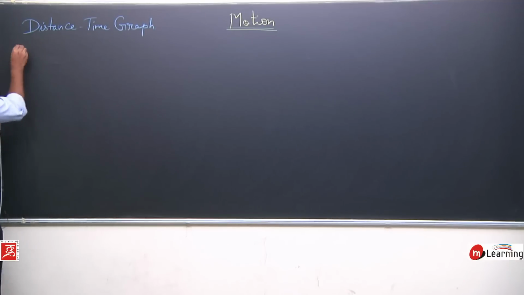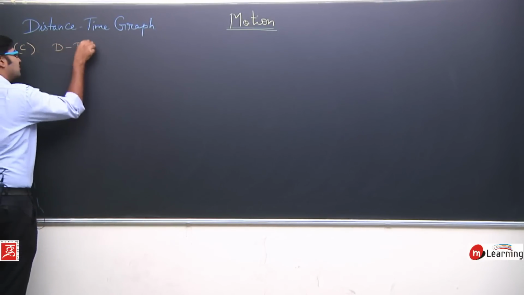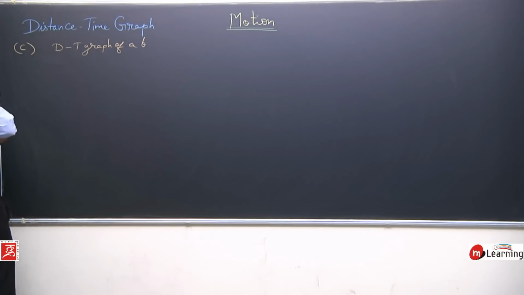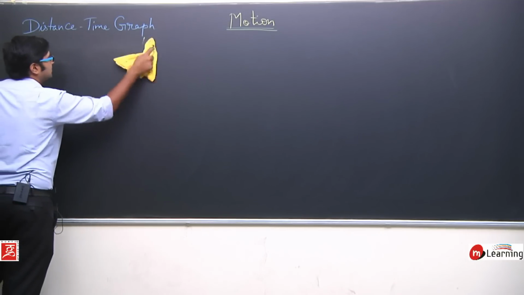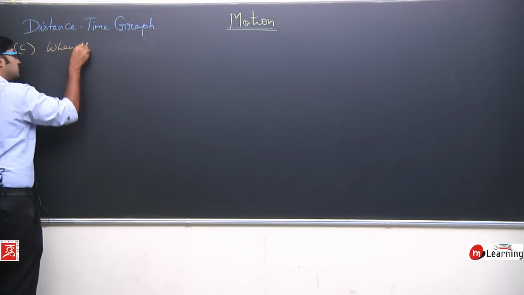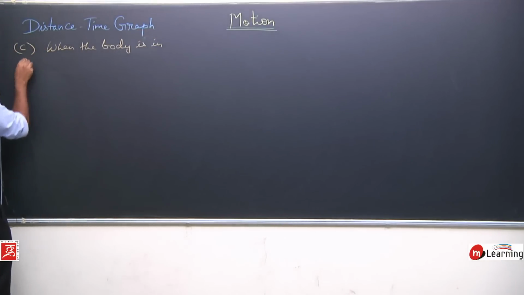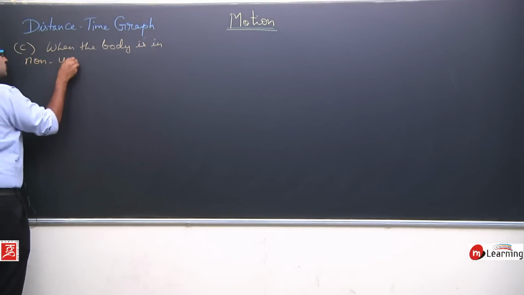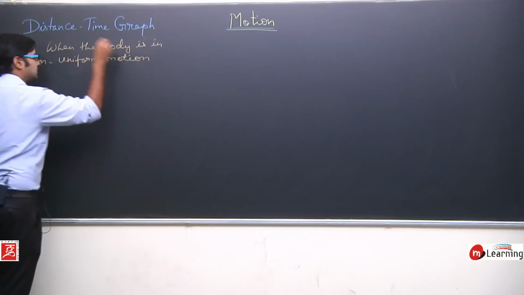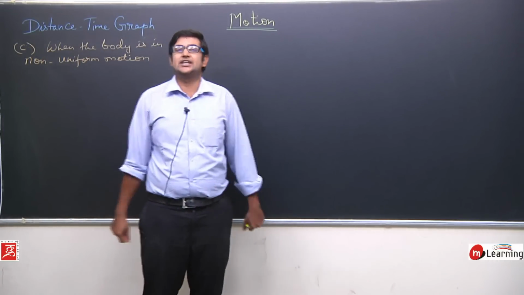The third case, case C, that we have to discuss is the distance time graph of a body when the body is in non-uniform motion. Through that case we will understand some more interesting terms.